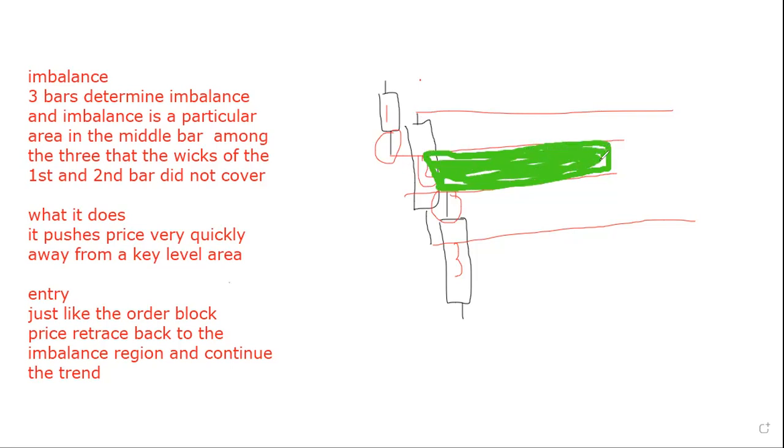Why is it the imbalance region? Because this wick here and this upper wick here did not lock. They did not lock in the sense that it is supposed to be like this: the market drops, the next candle forms an imbalance, and the next candle starts from this zone.